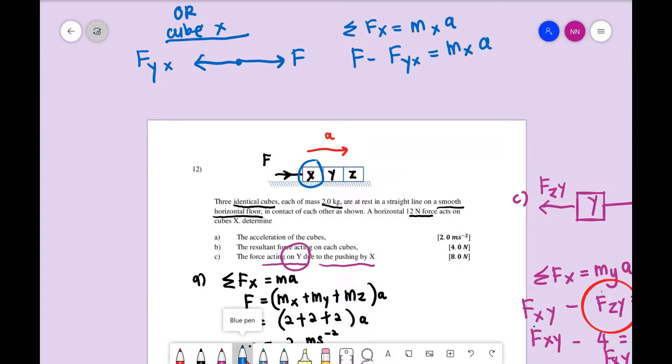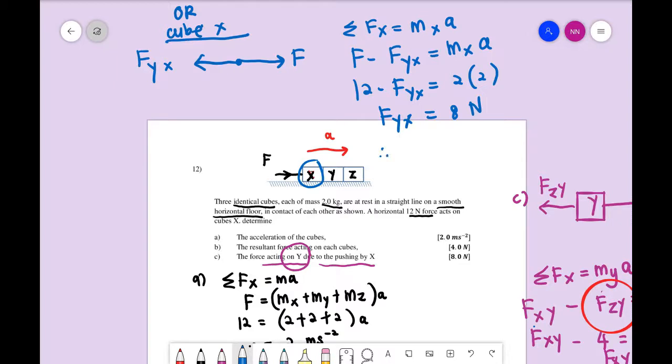Force F here is 12 minus F_yx equals 2 times 2. So the force on X by Y is 12 minus 4, 8 Newton.